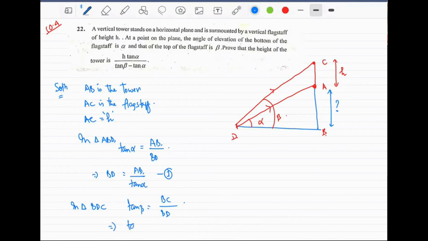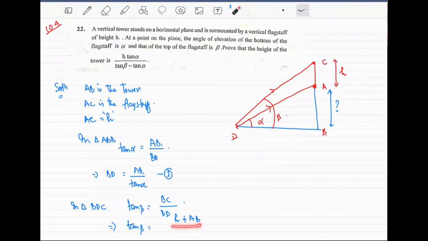So tan beta, keep it as it is. BC, we are going to break it down. BC is the very long portion right here. We will break it down into two parts: this part right here and this part right here. So BC, we will put it as h plus AB. You can see, right? This part is h, this part is AB. We don't know the exact value of AB, but we know that this part here is h.